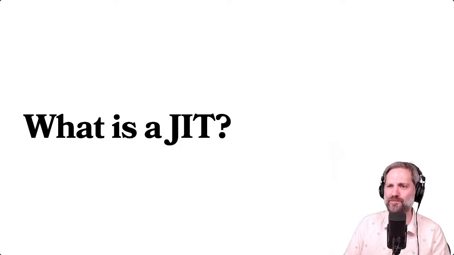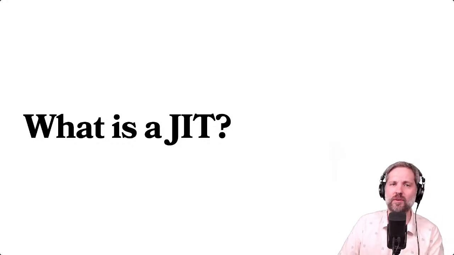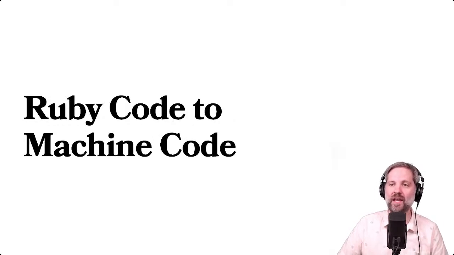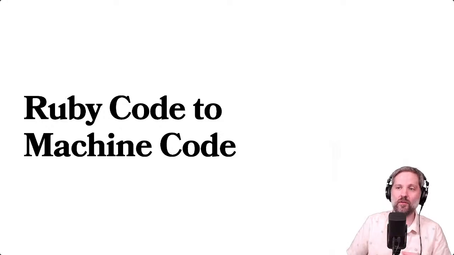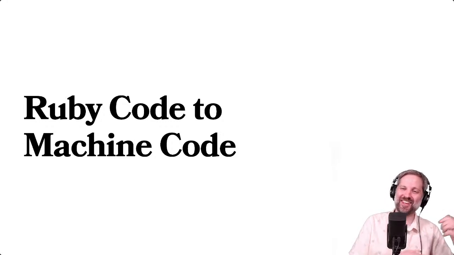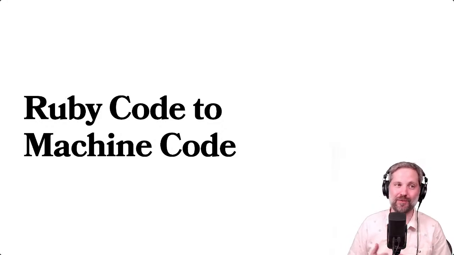All right, so a JIT compiler waits until runtime to actually do its job, and all that our JIT compilers are doing is taking the Ruby code that we've written and converting that Ruby code into machine code.